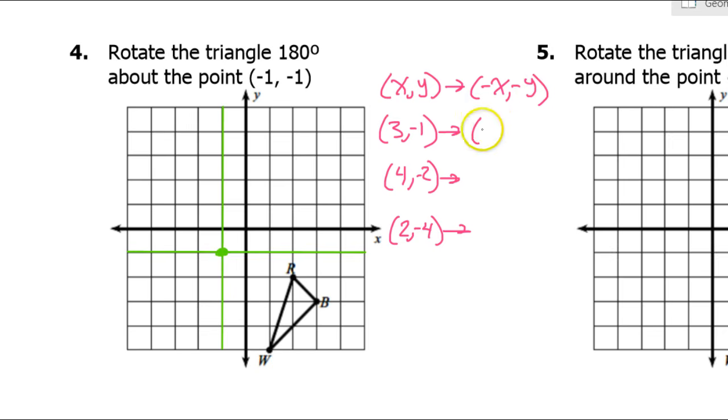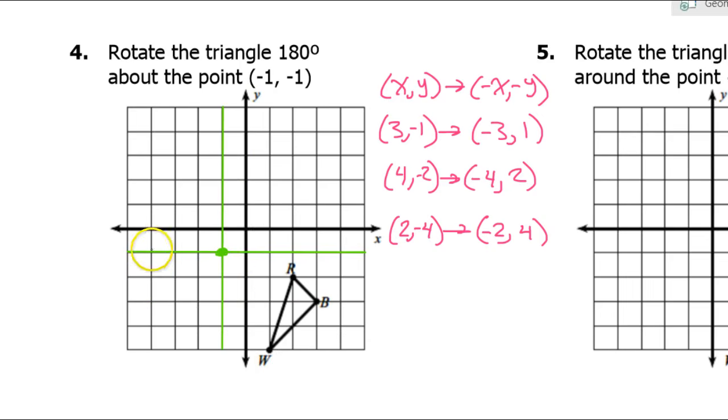So the opposite of x is -3. The opposite of y is +1. The opposite of x is -4. The opposite of y is +2. The opposite of x is -2, and the opposite of y is +4. So let's plot these points, again using the new fake x and y axis.